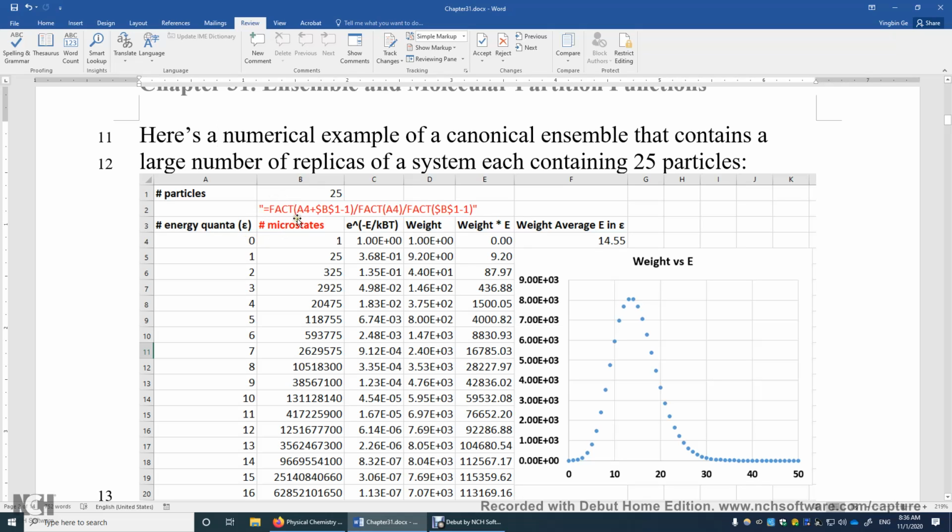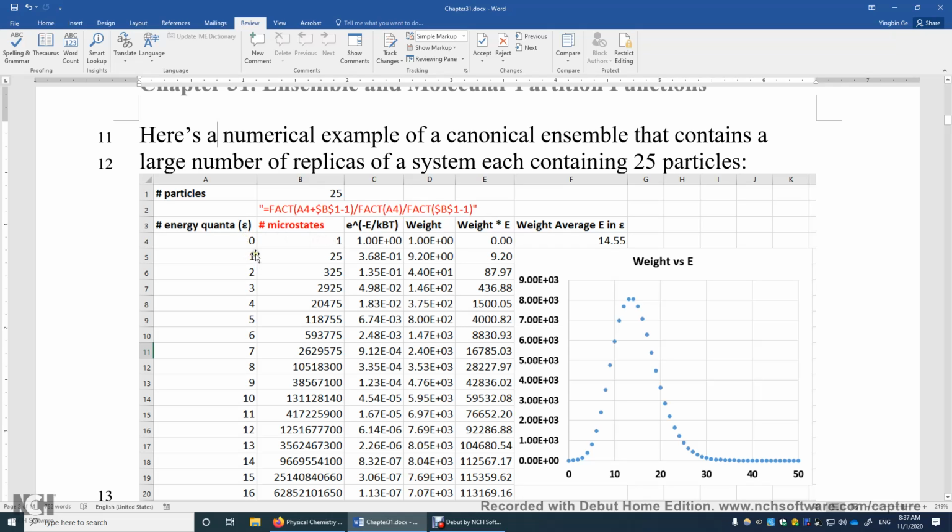A4 plus $B$1, that's the number of particles, minus 1, so that's the factorial of the number of energy quanta plus the number of particles minus 1, and then divide this by the factorial of the number of energy quanta, and then divided by the factorial of the number of particles minus 1. So over here, this is the number of microstates associated with a replica with 0 energy.